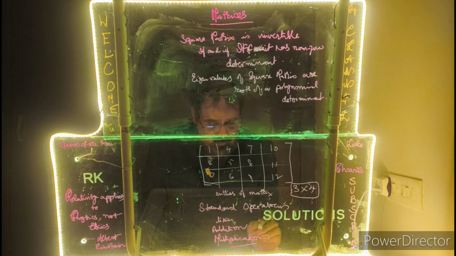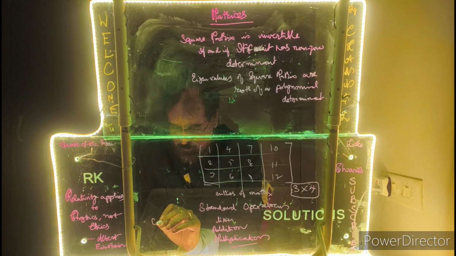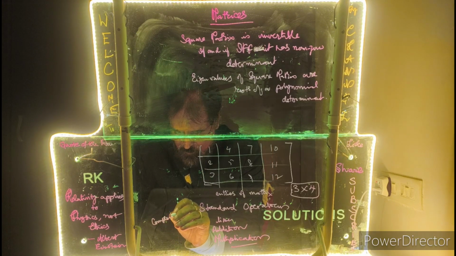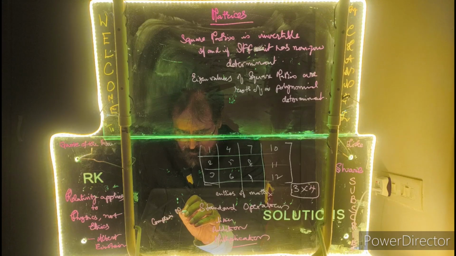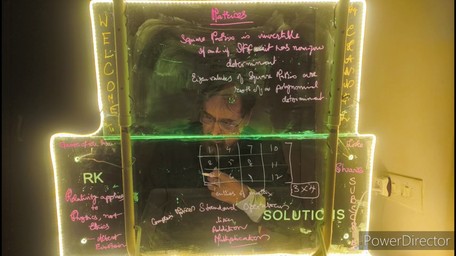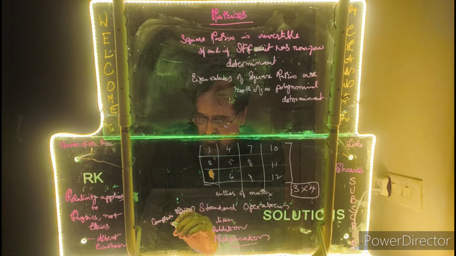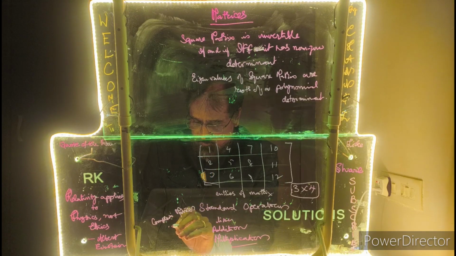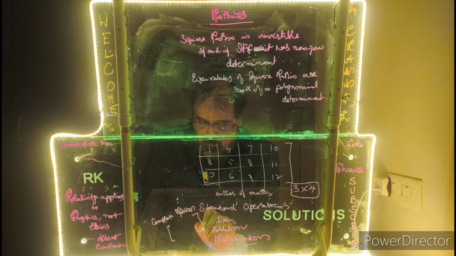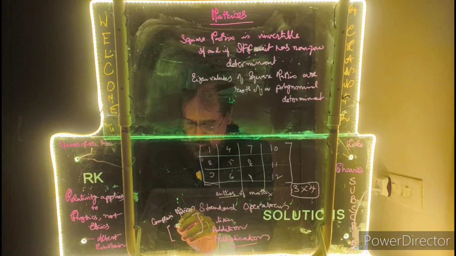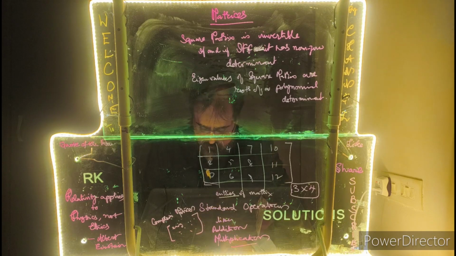And there are of course complex matrices. As you can guess from the name itself, they are made of complex elements. These entries may have complex numbers.